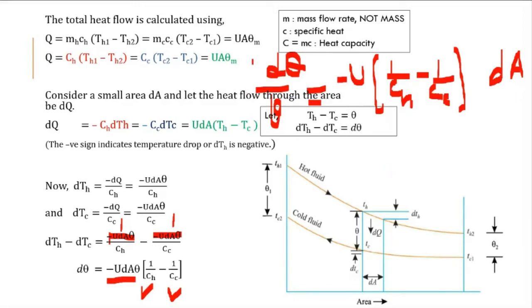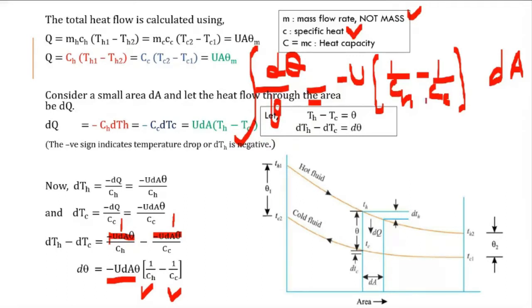Now we are going to integrate both the sides. If you integrate this side, everything is variable, so we are going to put the integration sign here. On this side, U is a constant term. This was one of our assumptions. Capital CH and capital CC are also constant. That is also part of the assumptions: specific heat is constant, mass flow rate is constant, and hence heat capacity will also be constant.